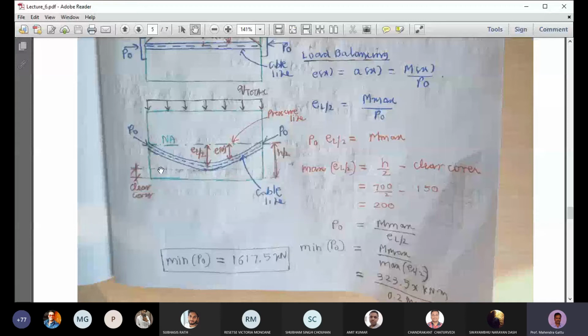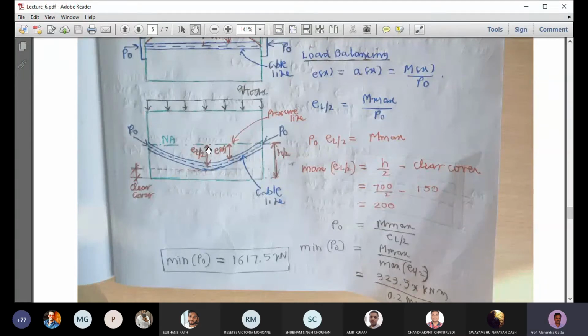This distance is 150 millimeters, so we have to have the cable line above it. The maximum value of E L by 2 will be H by 2 minus clear cover, and that is 200 millimeters. So we lay out the cable in this fashion in the parabolic profile with A of x equal to E of x. Then the pressure line will coincide with the neutral axis here.